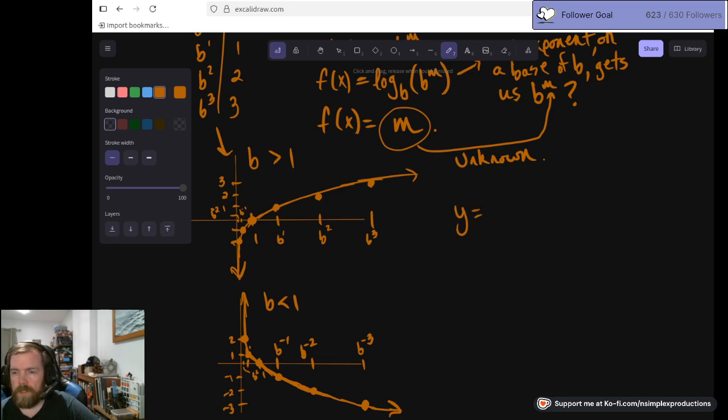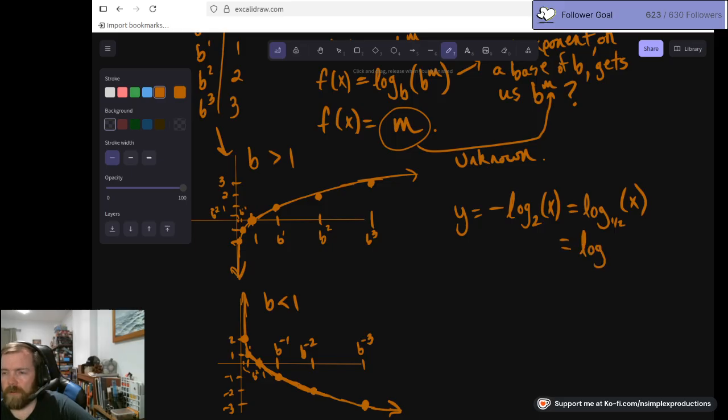So y equals negative log base 2 of x is going to be equivalent to the log base 1/2 of x, or it's going to be the equivalent of the log base 2 of x to the negative 1.